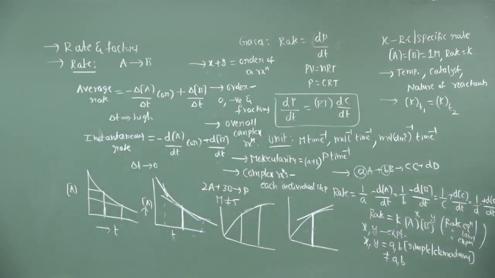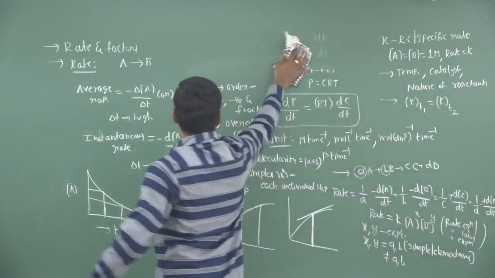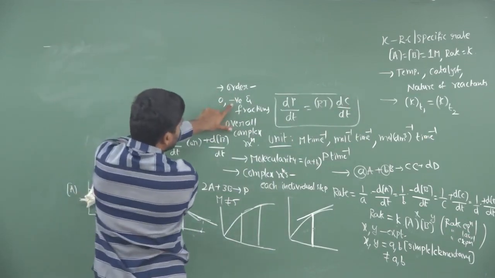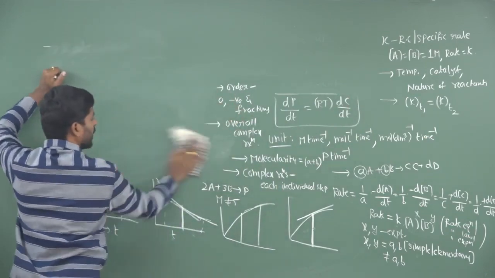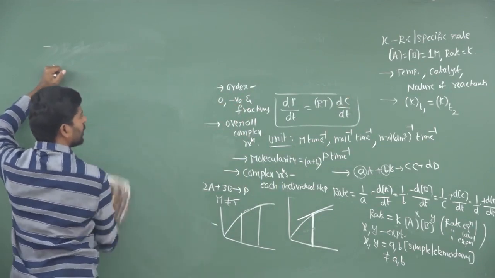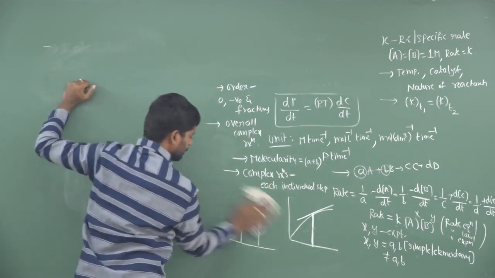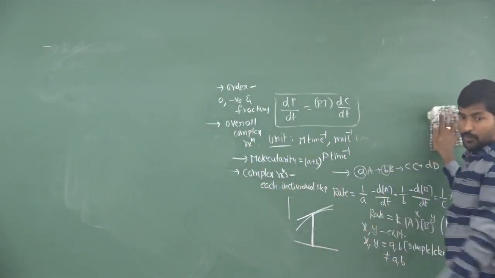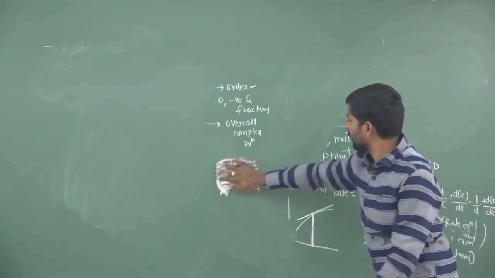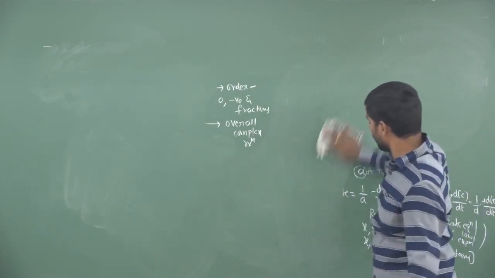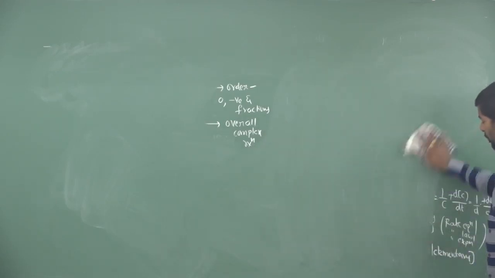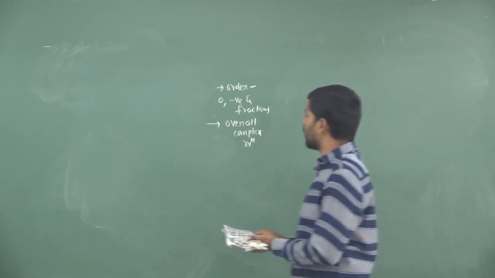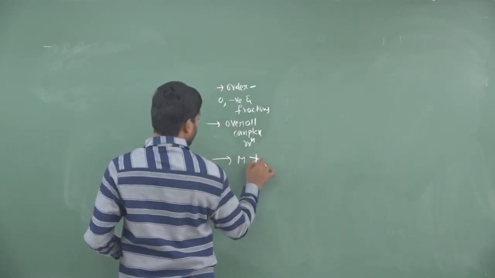And what are the possible values for molecularity? Can we get molecularity 0? No, we cannot get molecularity 0, negative values or fractions. Can molecularity be greater than 3?